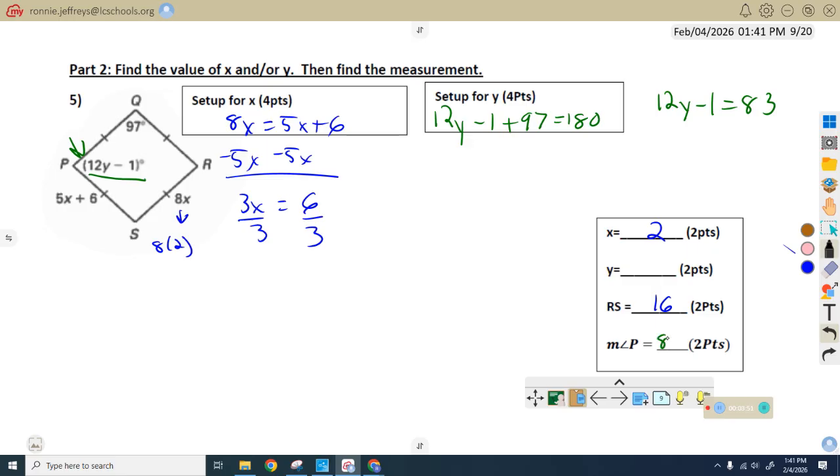Way to think outside the box. All right, so y is 7.